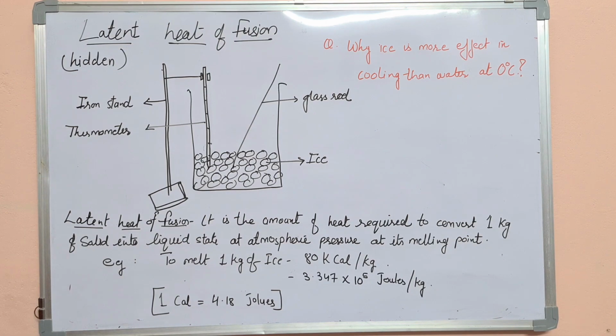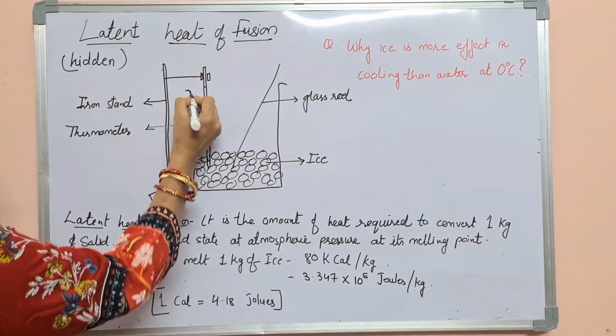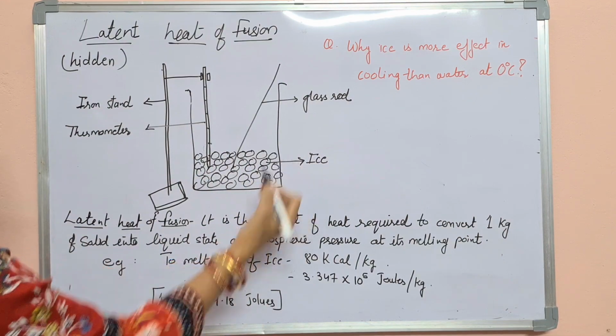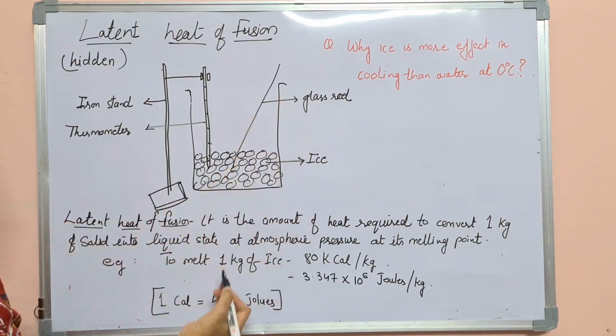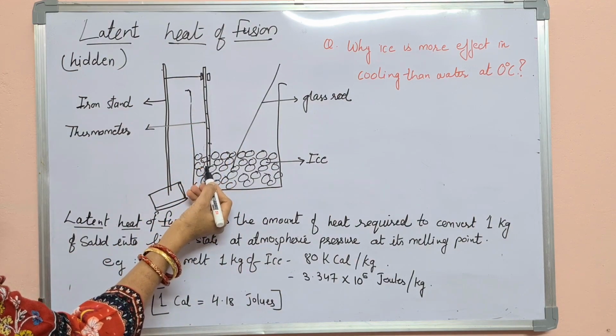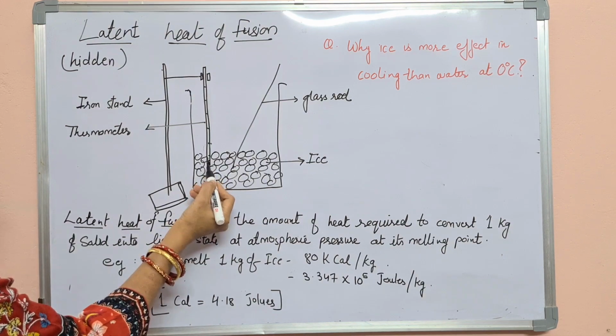So for this, one experiment is there. What we are doing? One experiment. So in this experiment, one beaker is there. In this beaker, we have taken ice cubes, a glass rod is there, and a thermometer. The bulb of the thermometer is just touching the layer of the ice.